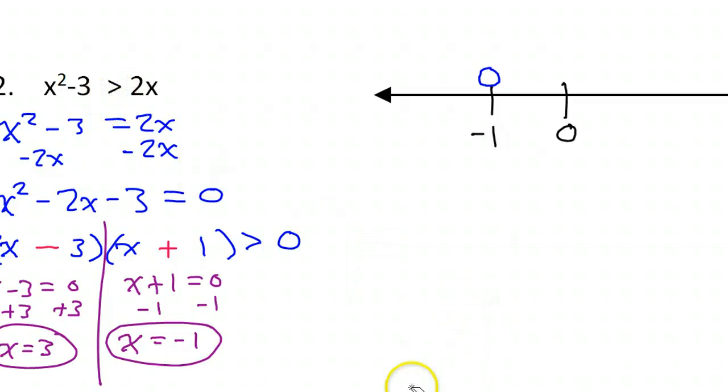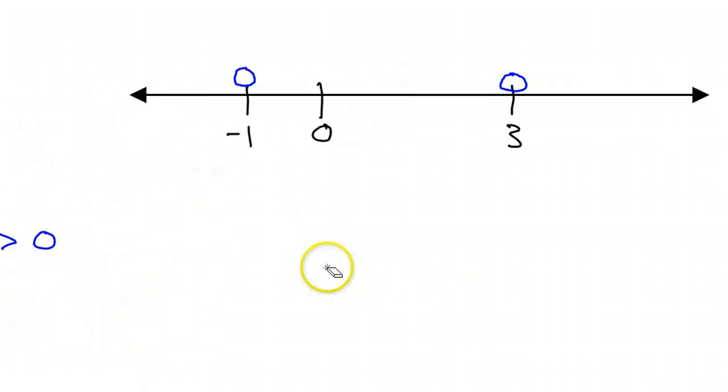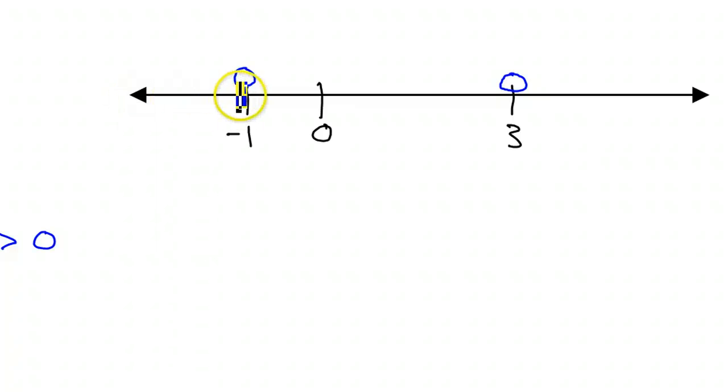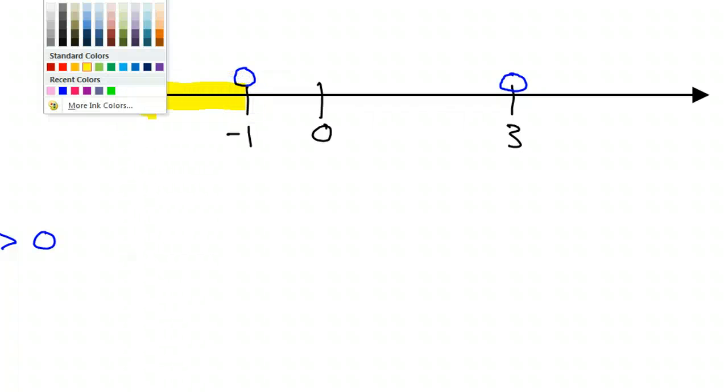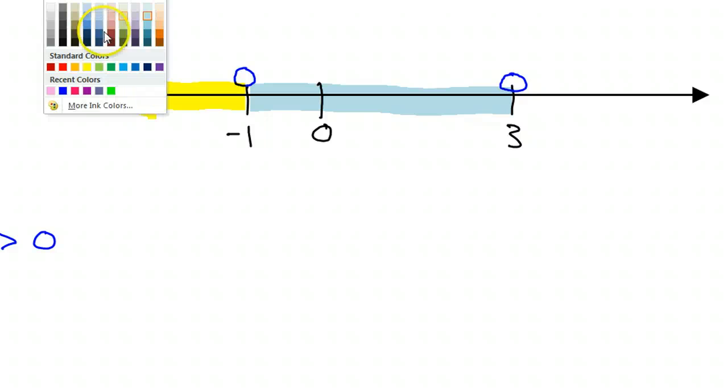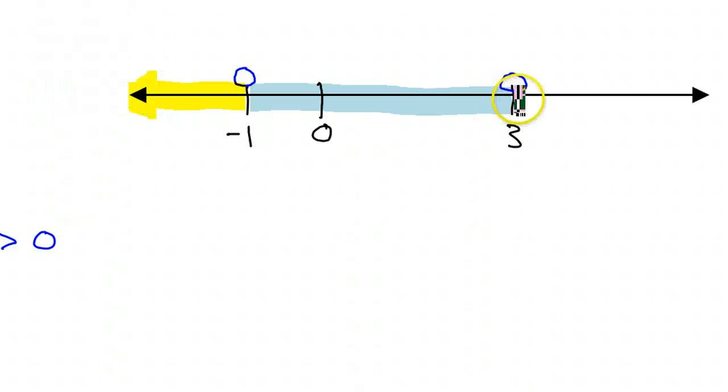Now with these x-intercepts, these zeros, we have divided the number line into 3 zones. We have a zone to the left, a zone in the middle, and a zone on the right.